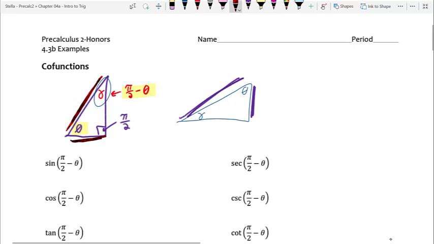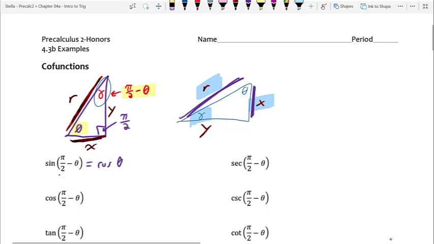If I label these R, X, and Y, then the sine of angle gamma is equal to the vertical over the radius. So what I'm getting at is that the sine of the complement is equal to the cosine of the original. Sine of angle gamma is equal to the cosine of angle theta.